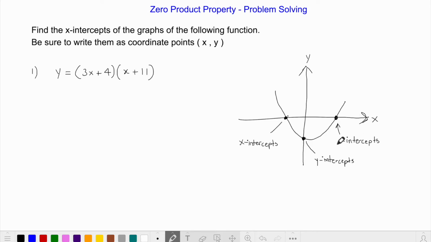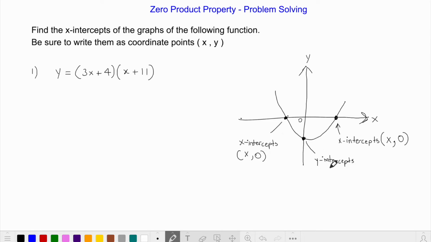At the location of x-intercepts, there is no y value, right? Because all the values that you pick on the x-axis, we have an x value, but we do not have a y value because the y value is 0. So at x-intercepts, we have an x value, but the y value is 0. And same here, we have an x value of some negative number and the y value is 0.